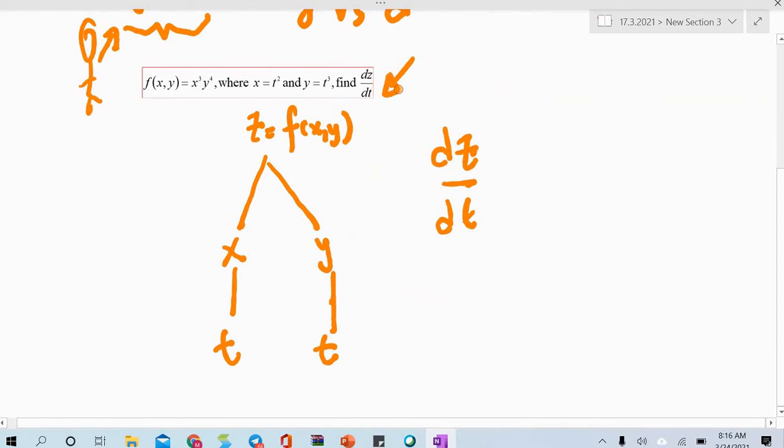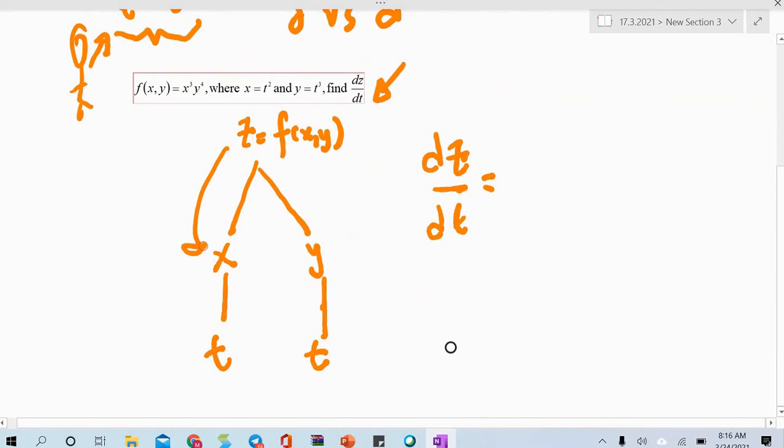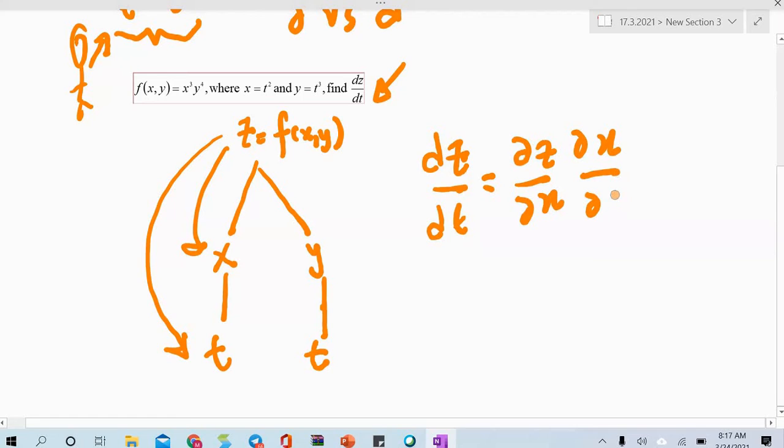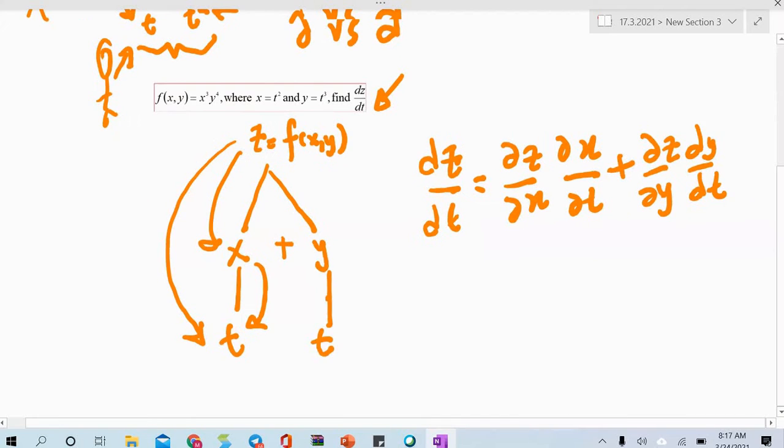So again, to reach here, you have to move here. So z depends on x. x depends on t. But you have to add, because you have two branches. So you already have the formula.